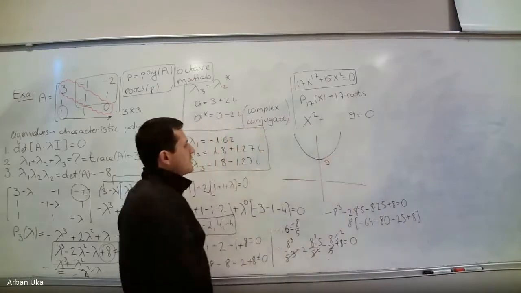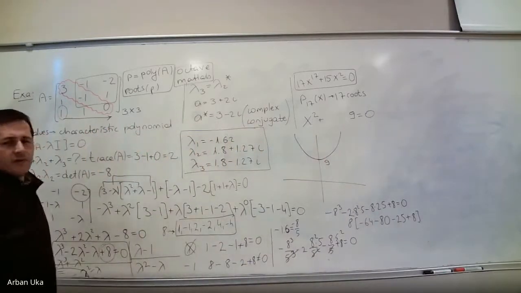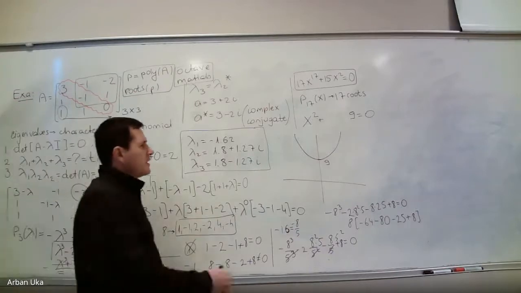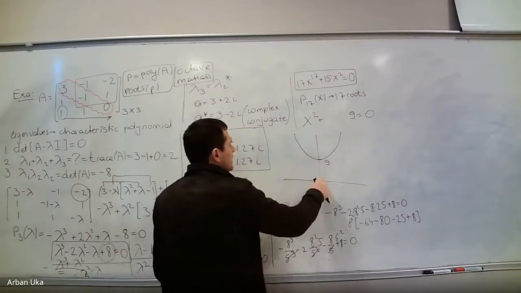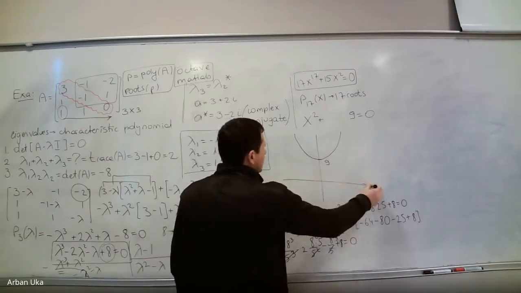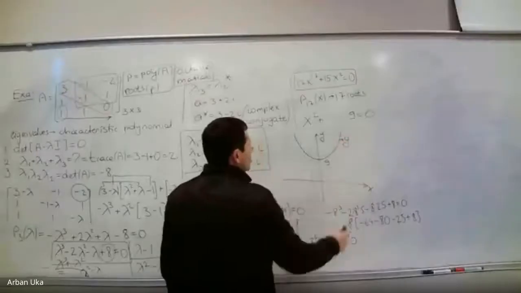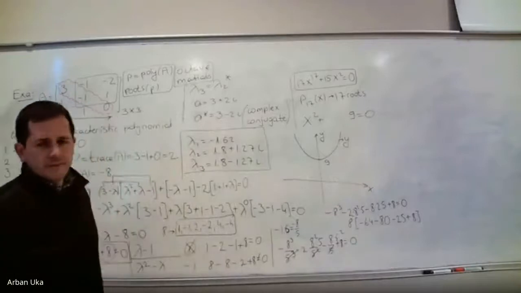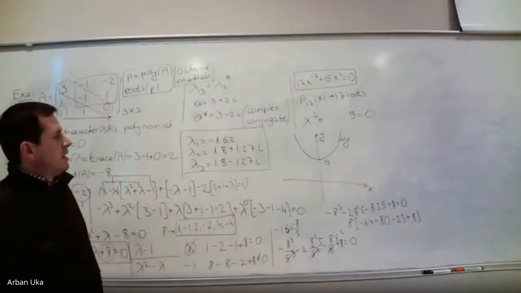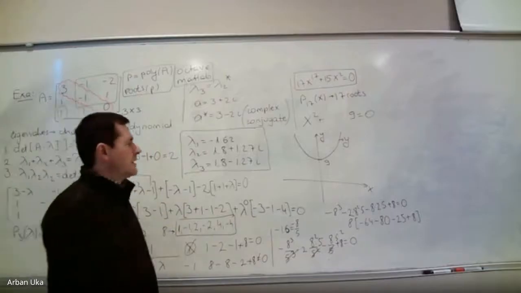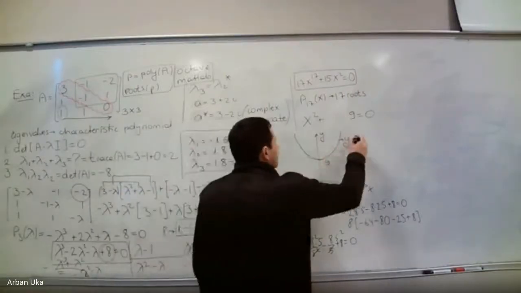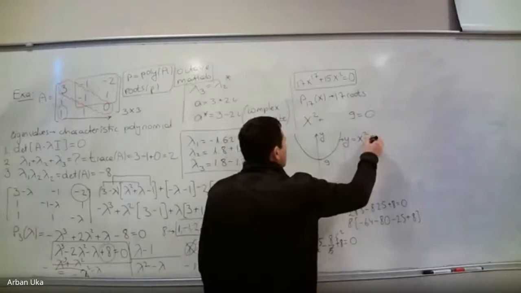So the roots of a second order polynomial are often represented by the intersection of a specific graph with the x-axis, right? So this is x, this is y. No solution. So it has no solution? Yes, because the square of a number cannot be negative. So this is x squared plus 9.